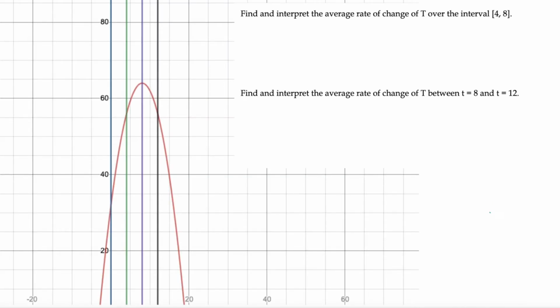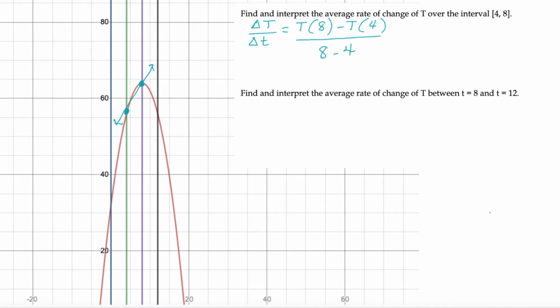So when I'm looking at 4 hours and 8 hours, we can expect that there should be an increase over time. So for the change of the temperature over the change in time, we need the temperature evaluated at 8 hours minus the temperature evaluated at 4 hours, all over the difference of those hours themselves.